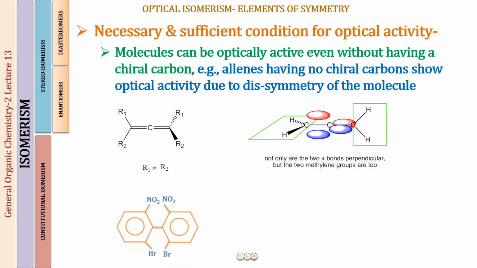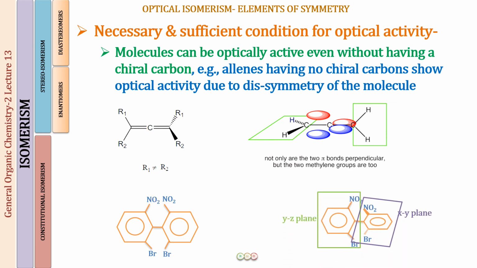Similar is the case for the biphenyl. So in the biphenyls also, all these carbons are going to be sp2 hybridized. But here what you can see is that at the ortho position you have a NO2 group here and a NO2 group here, a Br here and a Br here. These are big size groups. So what happens is, when they come close to one another, they cause repulsion.